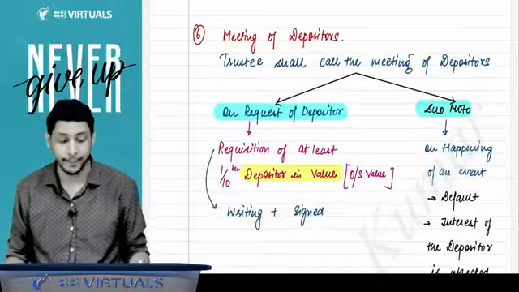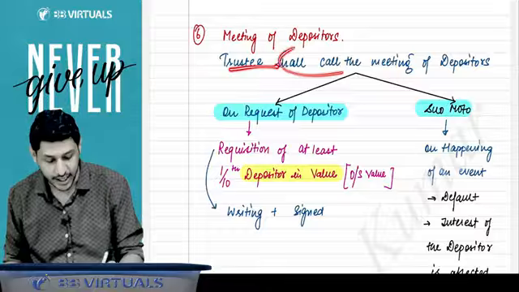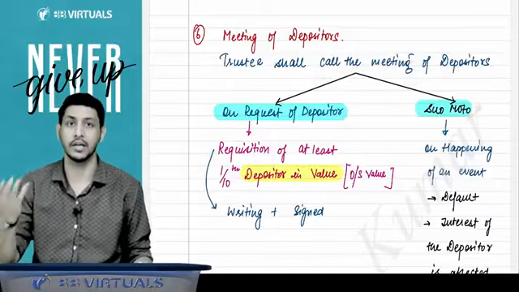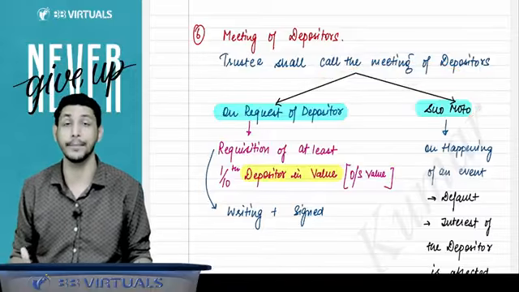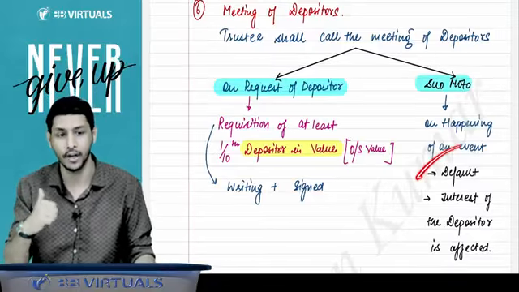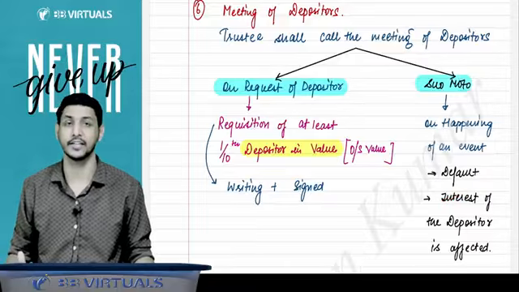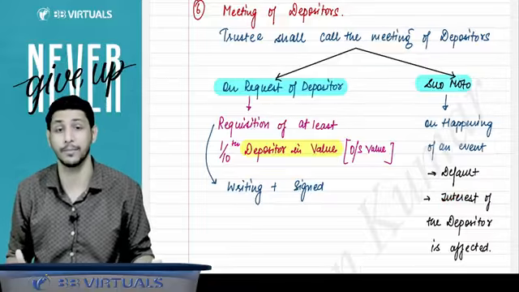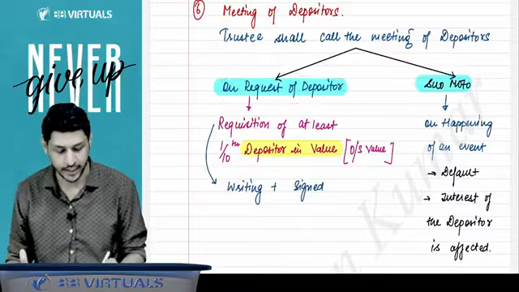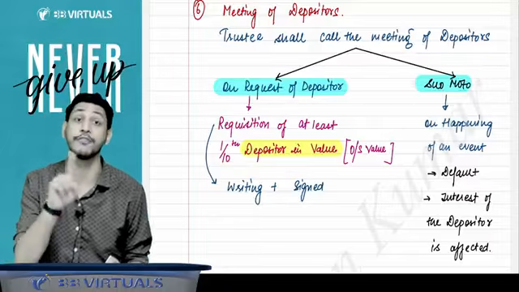Sir, what about the meeting of depositors? The trustee shall call the meeting of the depositors suo motu. If the trustee thinks that he has to call a meeting of the depositors on the happening of some event, like a default has happened or the interest of depositors is affected, then the trustee will himself call the meeting of the depositors. The second point is, on the request of depositors holding 1/10 in value.